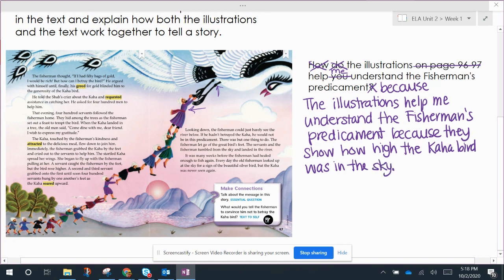So as we can see, that's a really long way up. Now, these are illustrations, not photographs. So we know that they're exaggerated, especially because this is a folk tale.